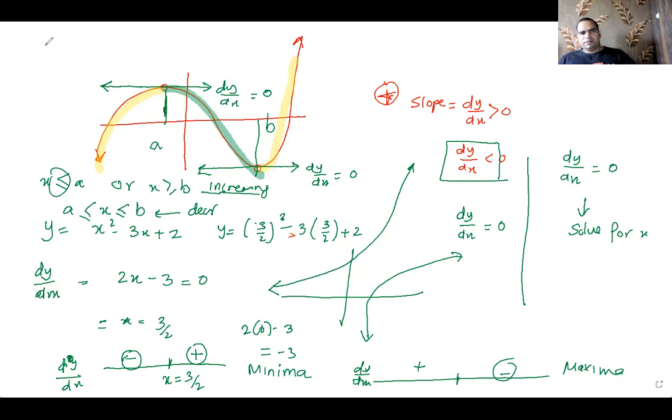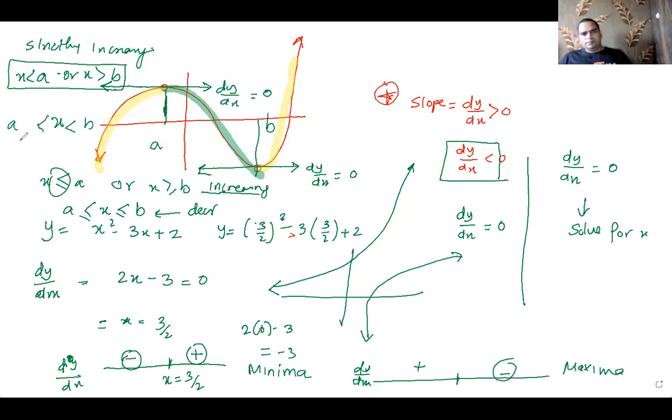So if they ask for strictly increasing, it'll be x less than A or x greater than B. And when you talk about strictly decreasing, it'll be x between A and B. So this is how you logically interpret the maximum and minimum.